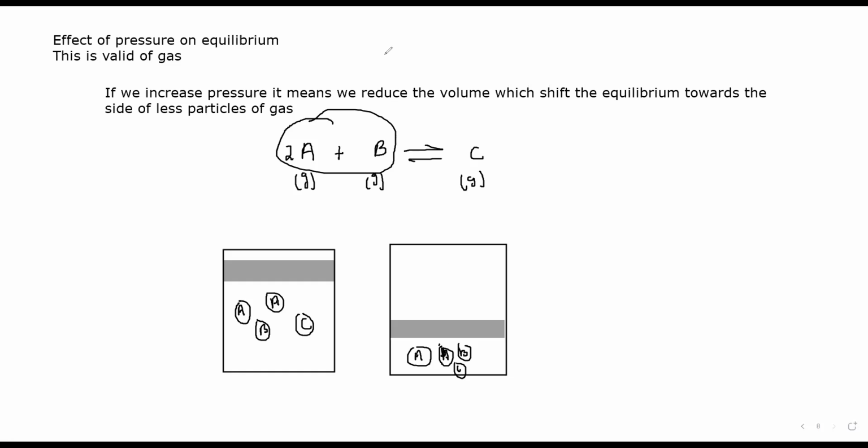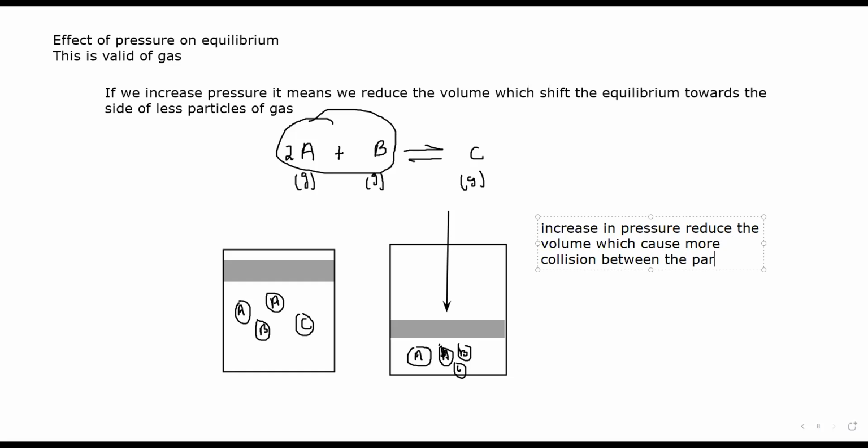So as we apply more pressure, we reduce the volume, which causes more collision between the particles of greater proportion and shifts the equilibrium towards the other side.